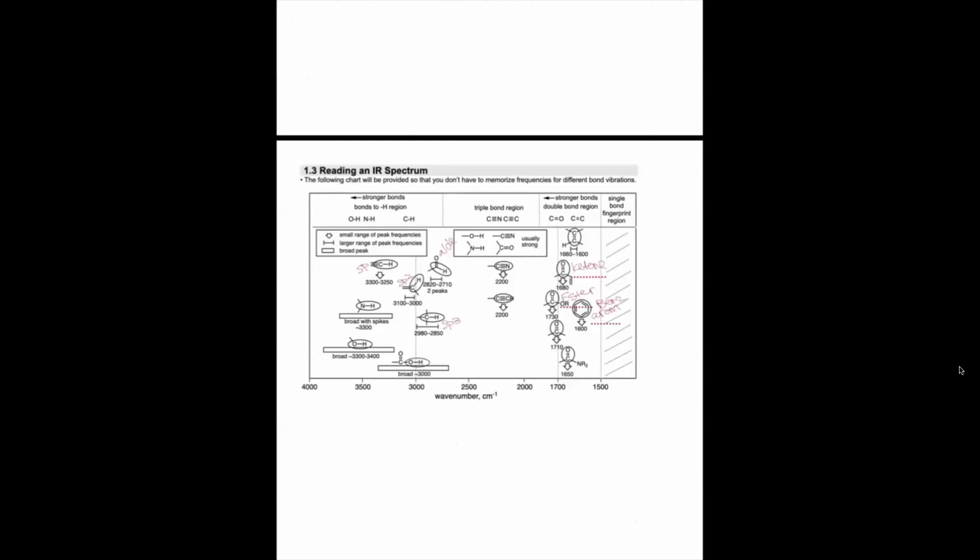Okay, so the width of a peak represents the range of wave numbers over which a particular vibrational mode absorbs infrared radiation. This width can provide valuable information about the molecular environment, like hydrogen bonding and concentration or purity of the sample. Stronger bonds, like double bonds, exhibit sharper peaks compared to weaker, more flexible bonds.